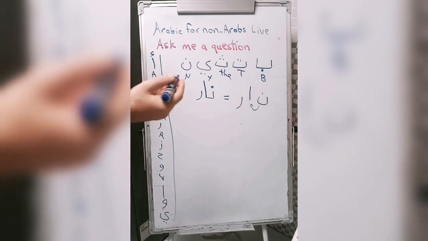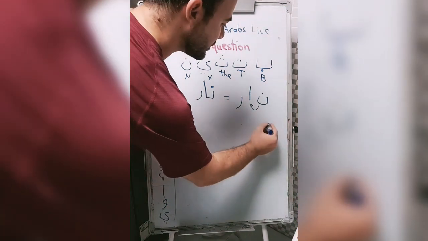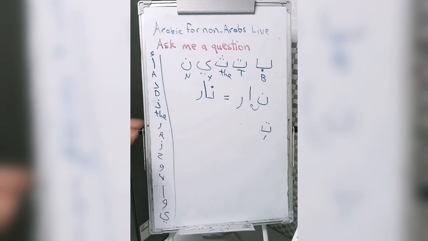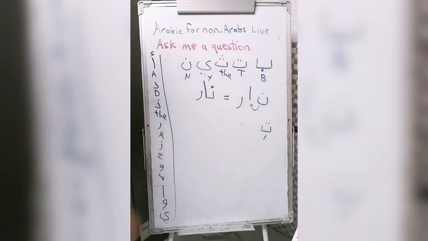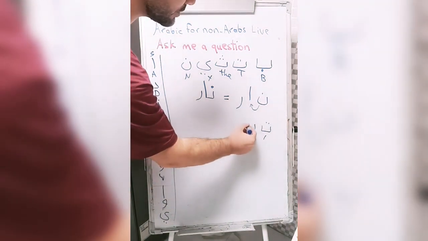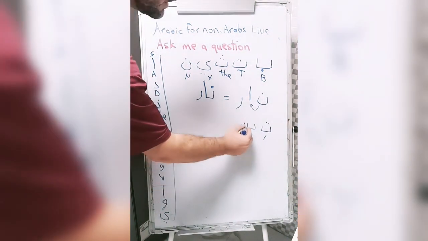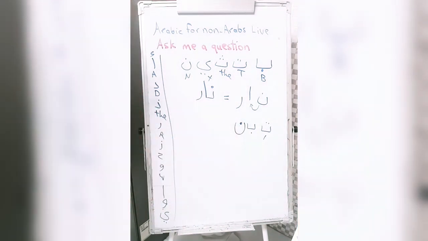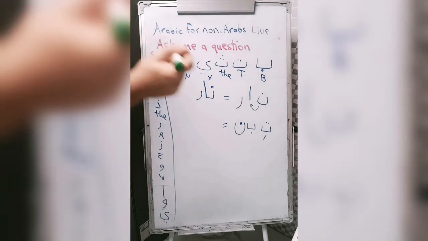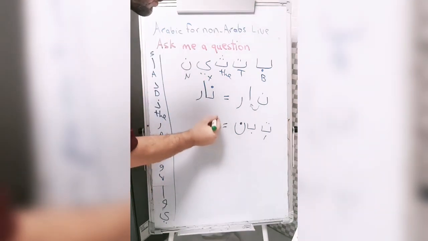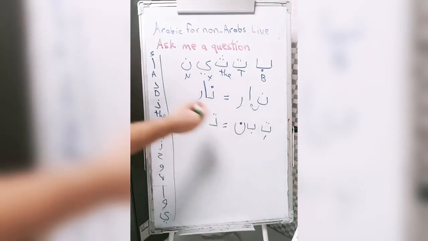Let's try another word. I have the letter T. I just put this line under, which is now E, T. And then I'll put letter B, and then letter N. Okay, what is this word? Let's do our method. Ta, chop his arm.